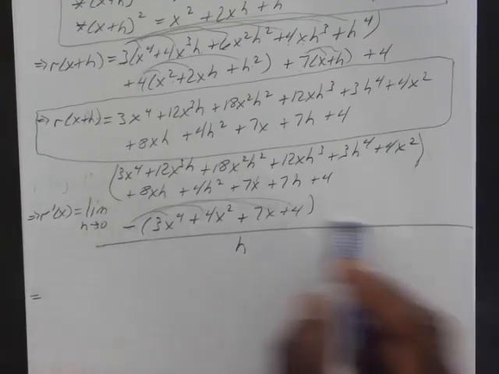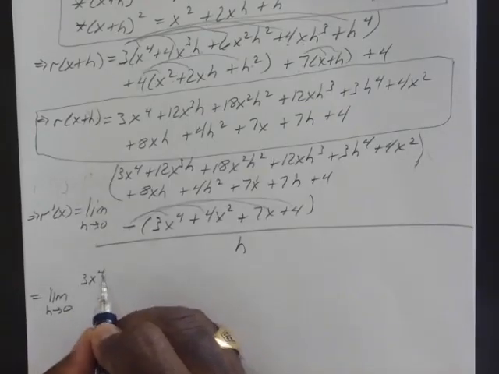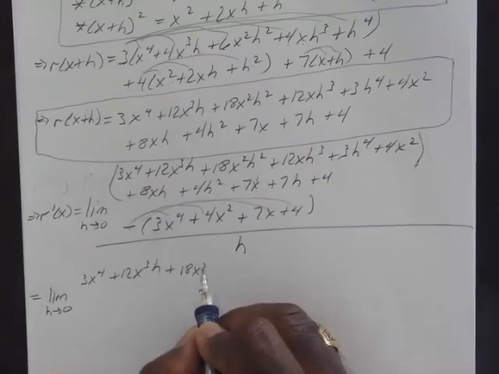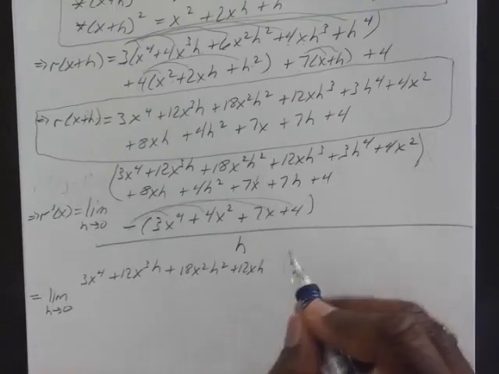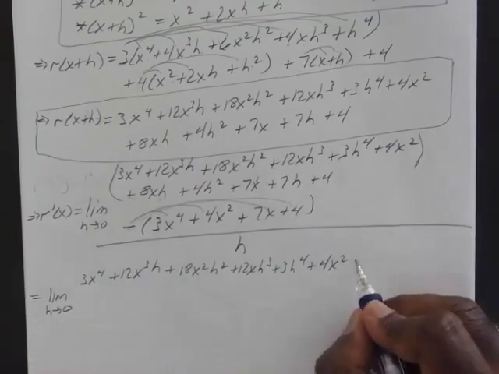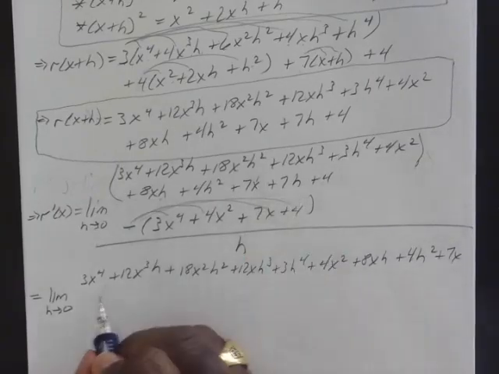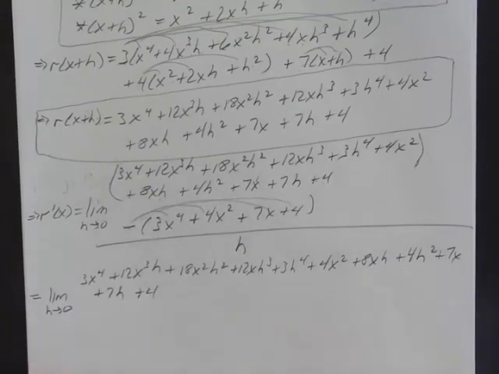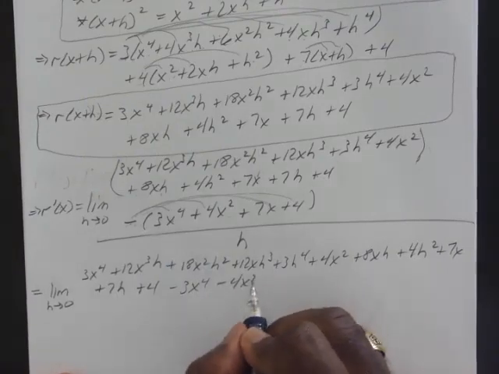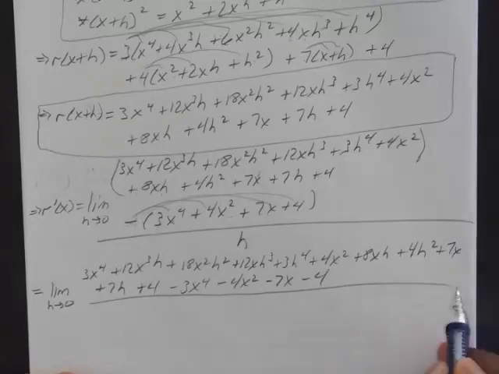So we have the limit as h approaches 0 of 3x to the fourth power plus 12x to the third h plus 18x squared h squared plus 12x h to the third plus 3h to the fourth plus 4x squared plus 8xh plus 4h squared plus 7x plus 7h plus 4 minus 3x to the fourth minus 4x squared minus 7x minus 4. And all of that divided by h.